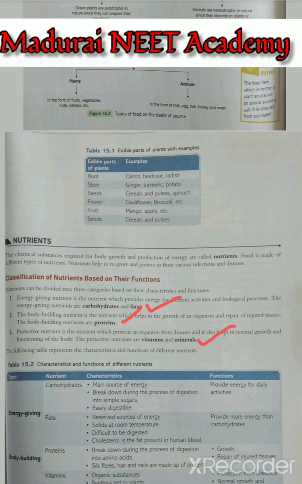So these are the three main nutrients. Based on their functions, they are classified under three categories: first the energy giving nutrient, second the bodybuilding nutrient, and third the protective nutrient.